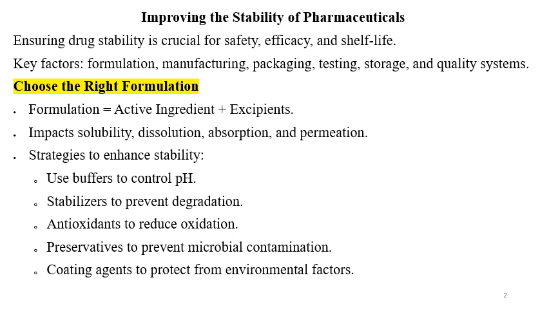There are some strategies to enhance the stability through formulation design, like use of buffers to control the pH. If the API is pH sensitive or the API is stable at some pH, you can use the buffers and control the pH. Use of stabilizers can be done to prevent the degradation.